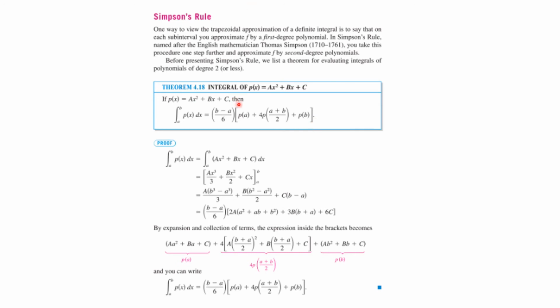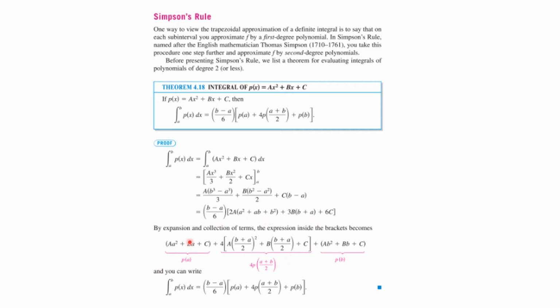So we're just going to calculate the integral of P of x and see that that's true. If we integrate from a to b P of x, we get the integral from a to b of ax squared plus bx plus c dx. We do the integral, and we plug in the answers. Then we do some rearrangement, and we factor out, this is algebra, the b minus a over 6, and you're left with this.